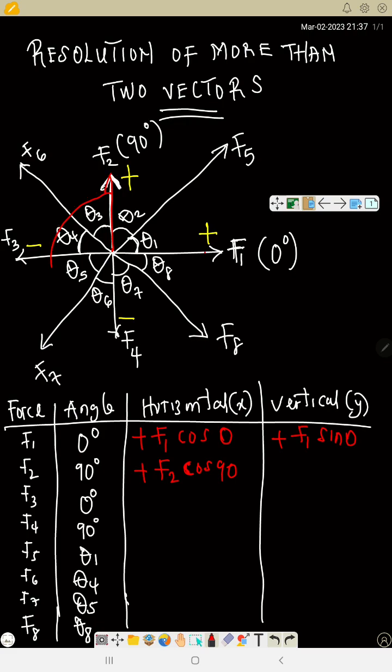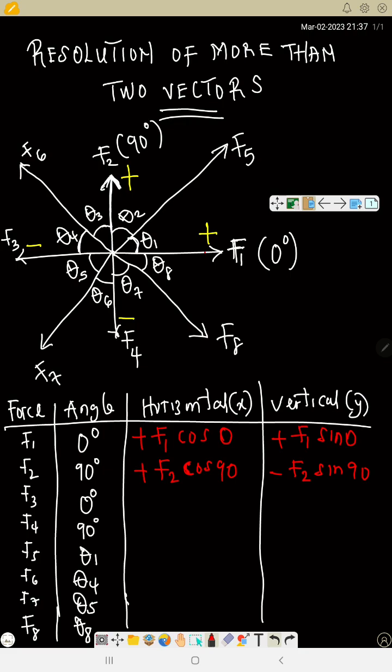Each force must have both vertical and horizontal, but it's the sign we need. Now move it to the horizontal, remember we are doing anti-clockwise. So to the horizontal, the sign is minus. So this will be minus F2 sine 90. One will be cos, one will be sine.